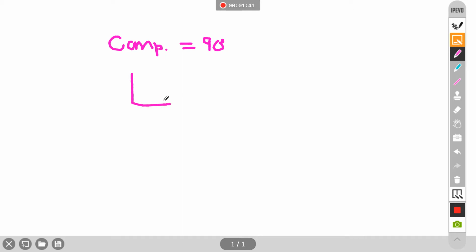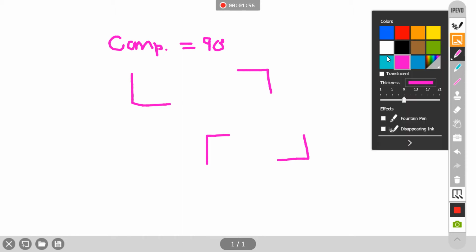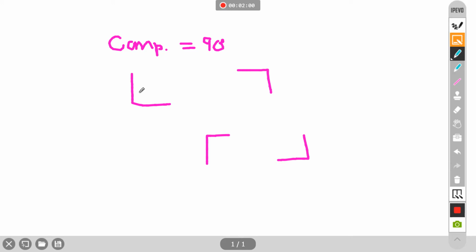It might look like this, or it might look like this, or maybe this way. But the idea is that when you have complementary relationships, you have two angles that form this L shape, this 90 degrees.